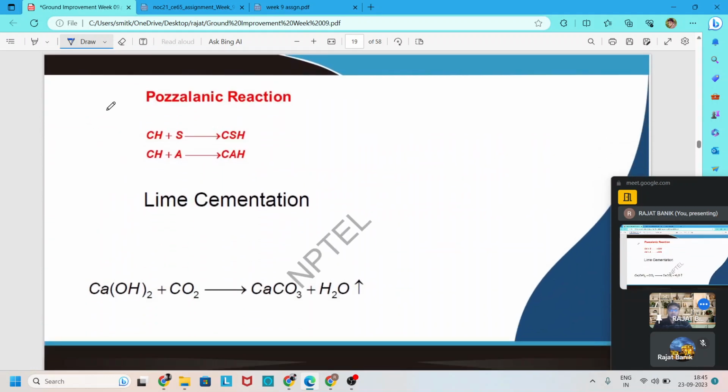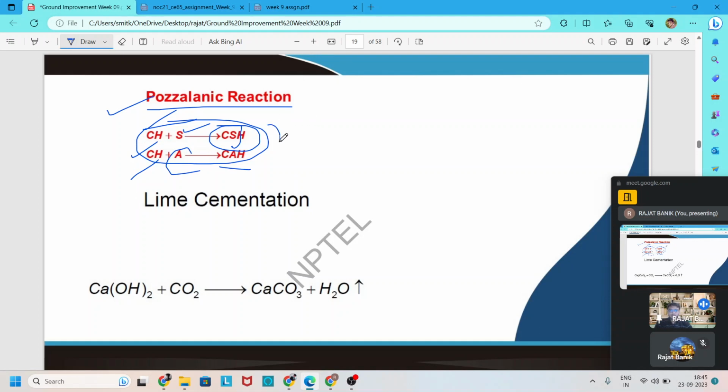So here in the next slide is given the pozzolanic reaction. That means a chemical reaction is given here. When we apply hydrated lime, or calcium hydroxide, to silica, it forms calcium silicate hydrate. And when we apply calcium hydroxide, that means slaked lime, to alumina, it forms calcium aluminate hydrate.